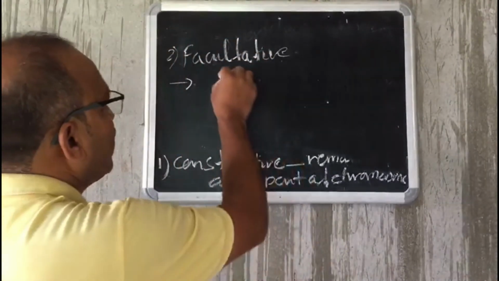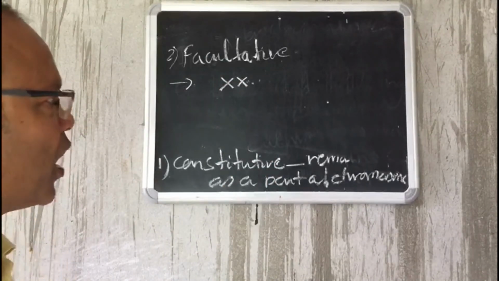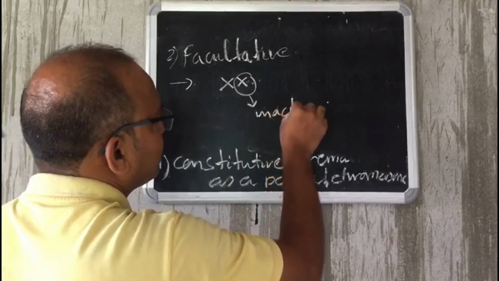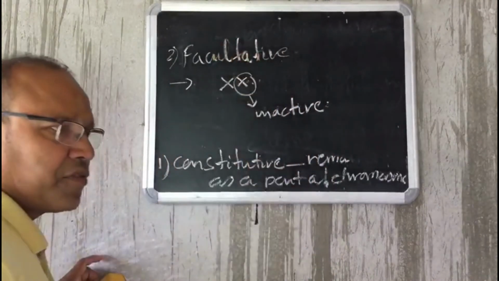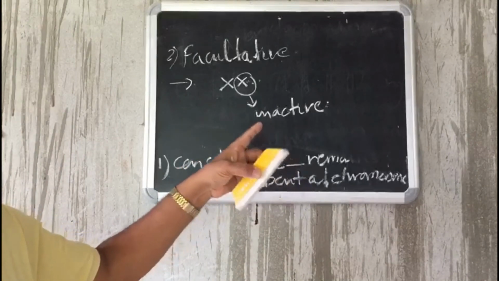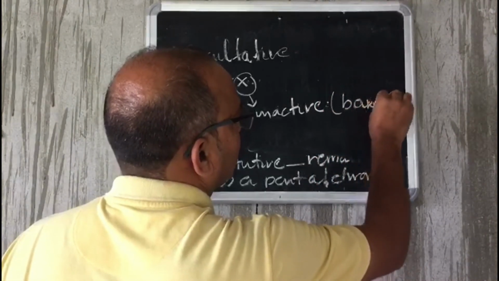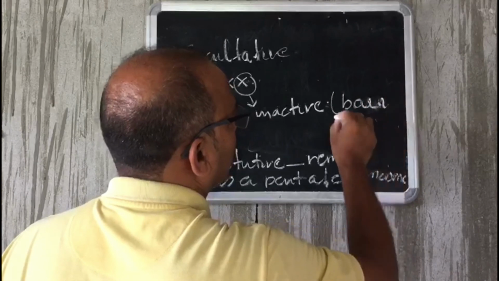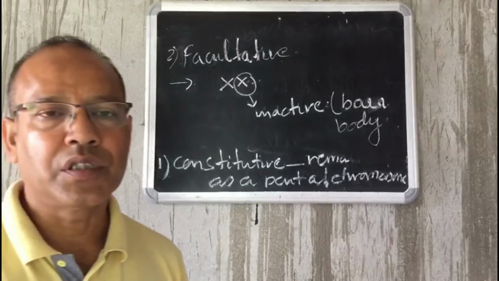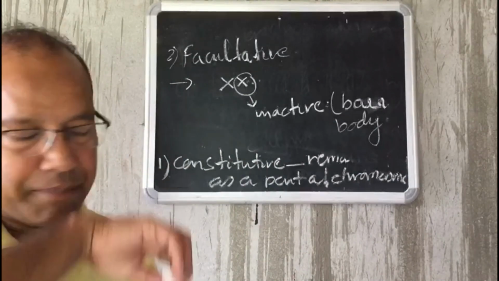For example, a female human has XX chromosomes, out of which one of the X becomes inactive, because its function is not required, as X is already present. So one of them becomes inactive. This is also commonly known as the bar body. The inactive X chromosome is called the bar body, or it is also called facultative heterochromatin.